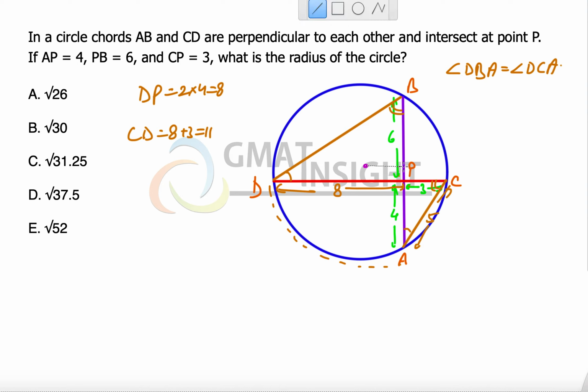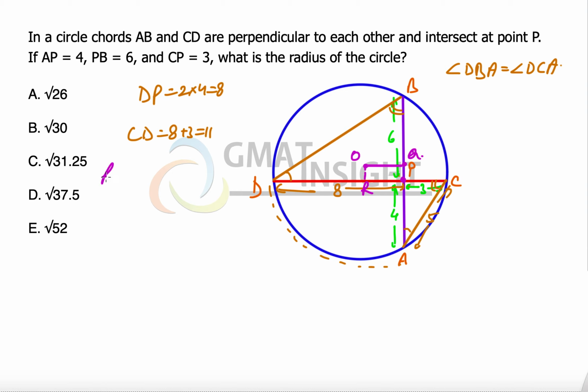So if I drop this perpendicular on AB, let's call this point Q, we already have P, and let's drop a perpendicular from center O on CD and call this point R.